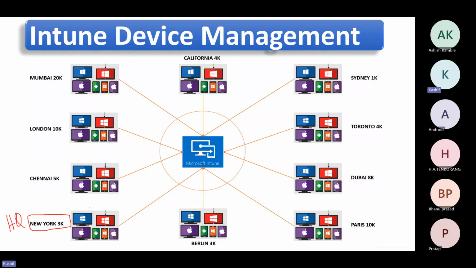Now, you have various branch offices, for example, Mumbai, London, Chennai, then California, then Berlin, Paris, Dubai, Toronto, Sydney. These are the branch offices. In these branch offices, you have devices like 1,000 or 4,000 or 5,000 or 10,000.